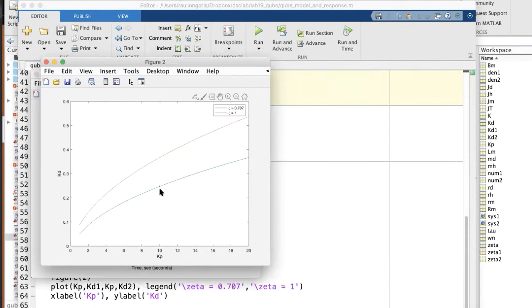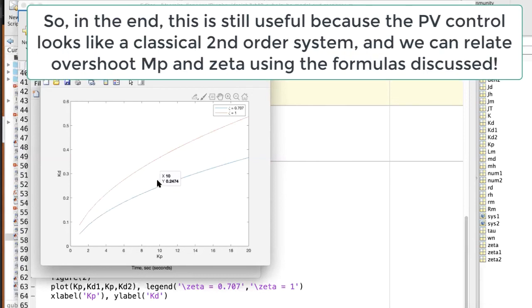If I want to get 0.707, which is the blue line, I set it at 0.24. So you can see how well a little model graph like this could be used to guide your selection of gains.